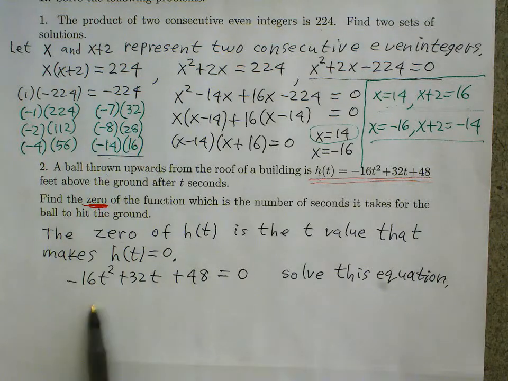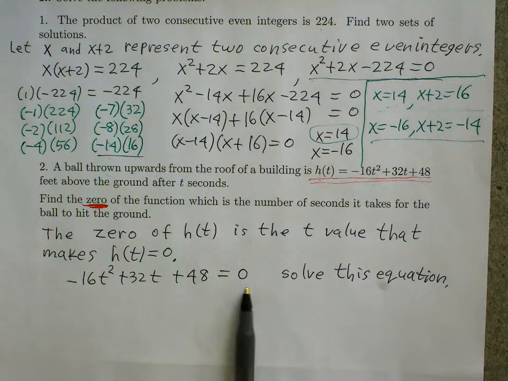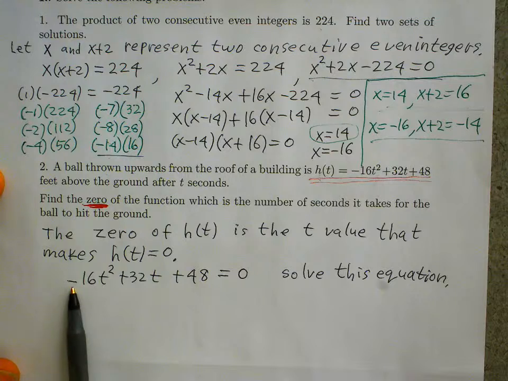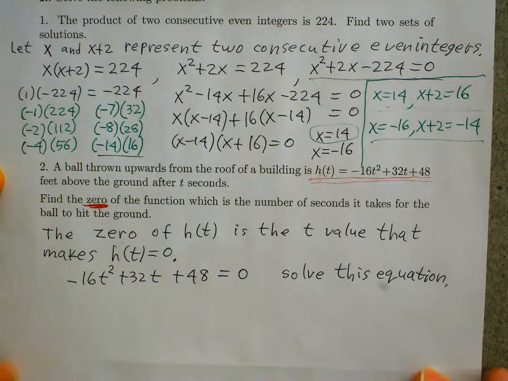Okay, so we know how to solve this kind of equation. We solve by factoring. One side is already 0, and we can factor negative 16 out of each of the three terms.